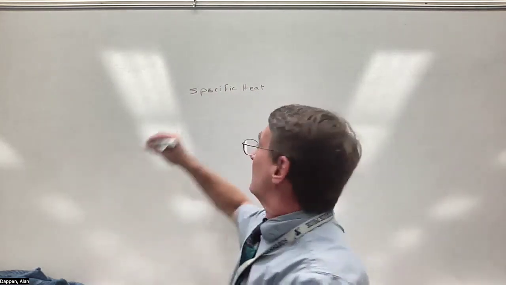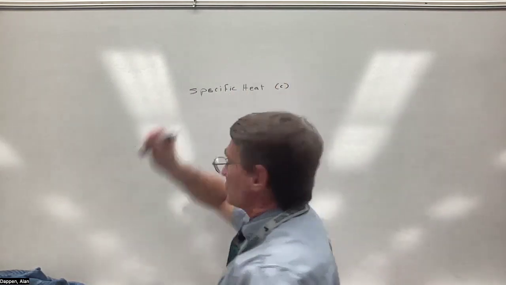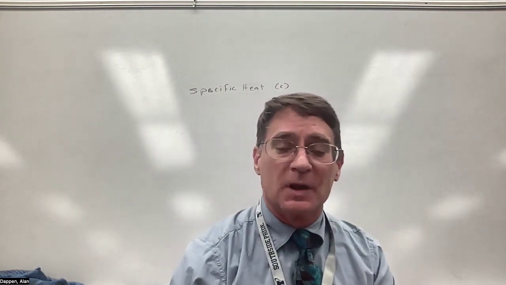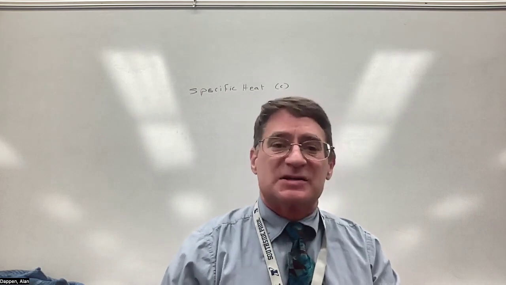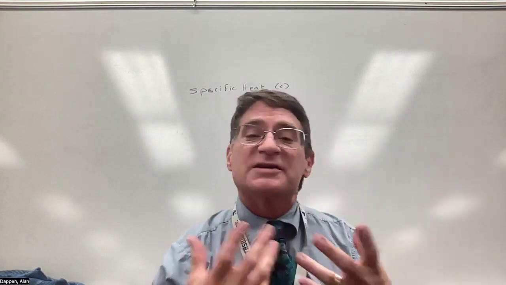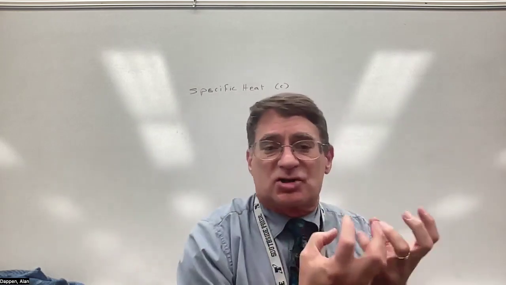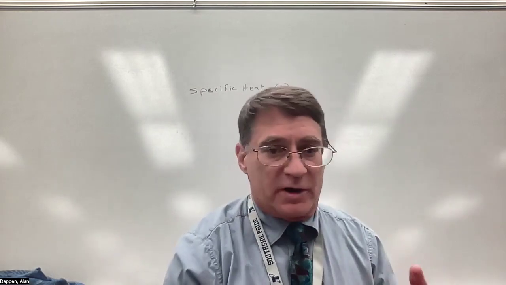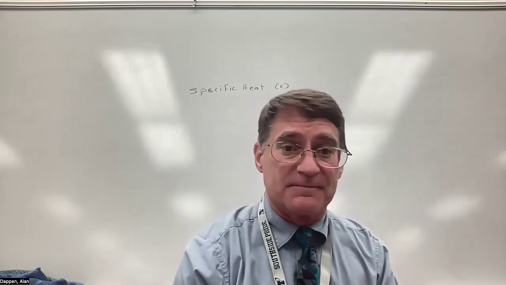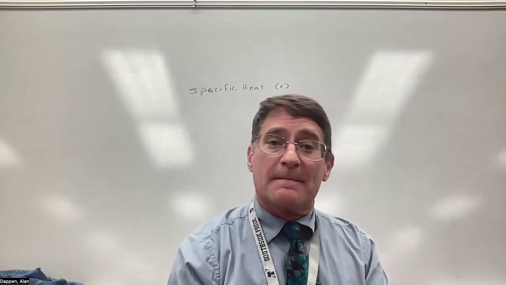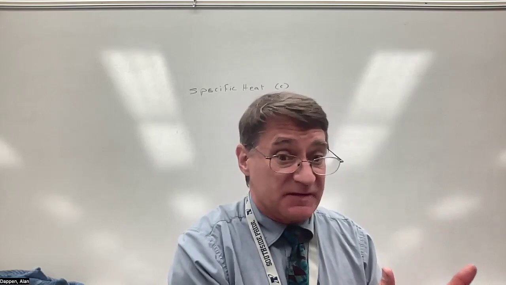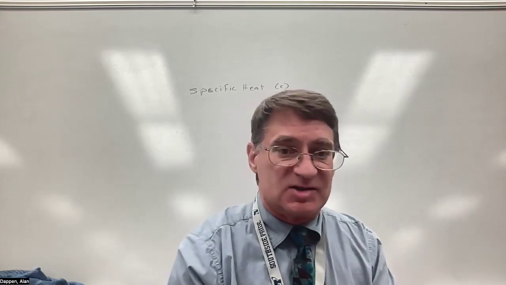That's why we use the symbol c for specific heat. That's a lowercase c. So specific heat is a quality of water and steel that tells us, for a given amount of water, how much heat it can contain. Okay. Water apparently has a higher specific heat, quite a bit higher than steel does.